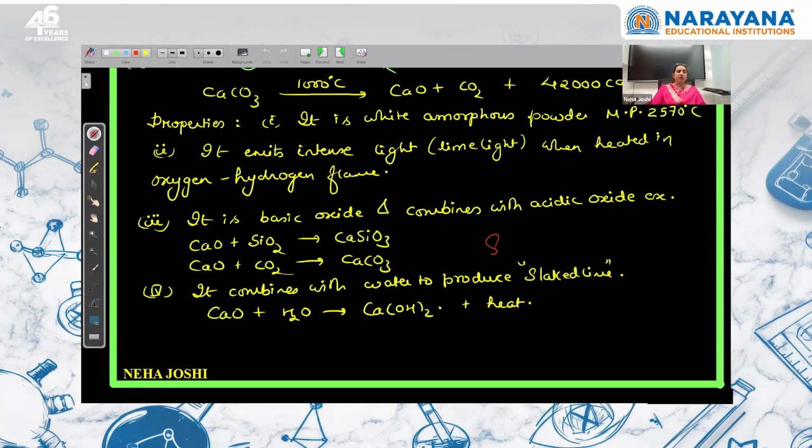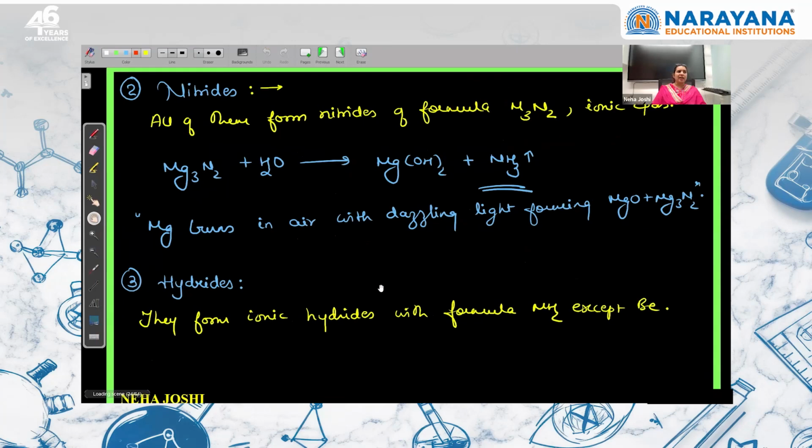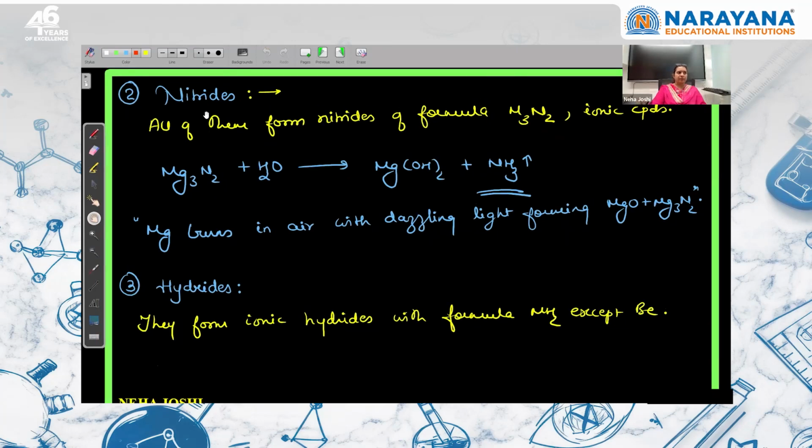It combines with water to form slaked lime. Slaked lime is the suspension of calcium hydroxide, and the clear solution is called lime water.